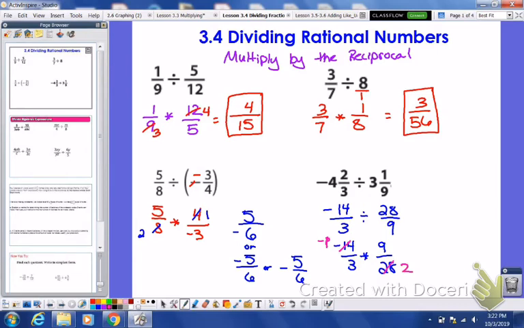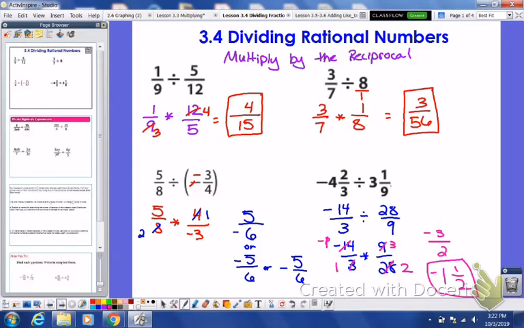Then 3 and 9, both divisible by 3, so 3 becomes 1, 9 becomes 3. -1 times 3 is -3, over 1 times 2 is 2. Rewrite that as a mixed number of -1 1/2 as our final answer. Again, we want the mixed numbers, not the improper fractions.